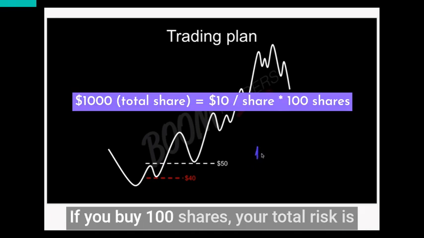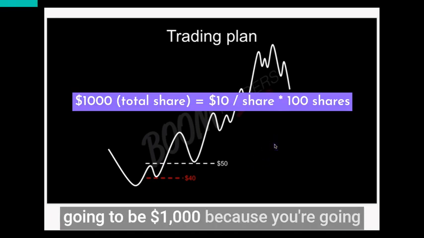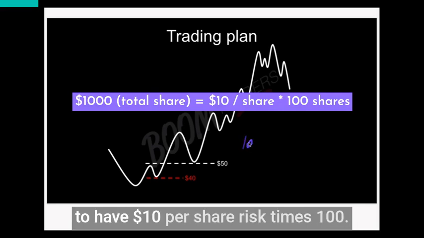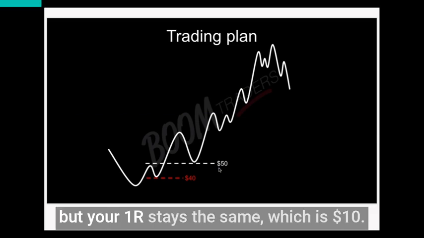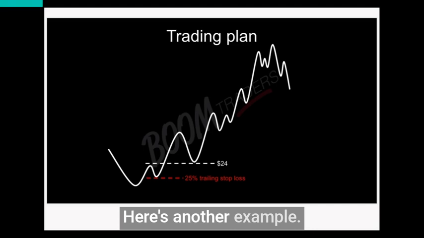If you buy 100 shares, your total risk is going to be $1,000, because you have $10 per share risk times 100. However, the total risk is going to be $1,000, but your 1R stays the same, which is $10.